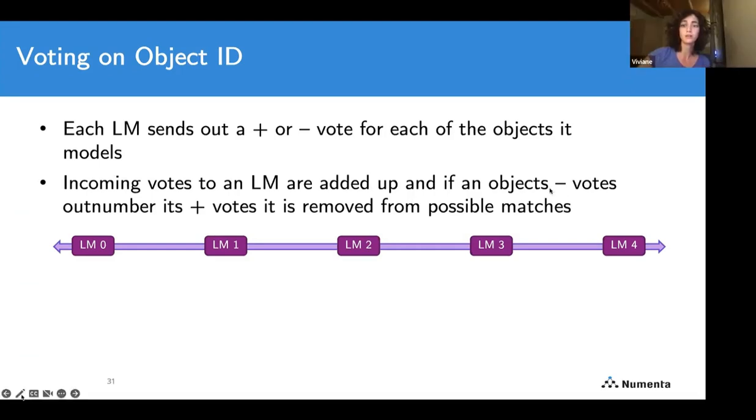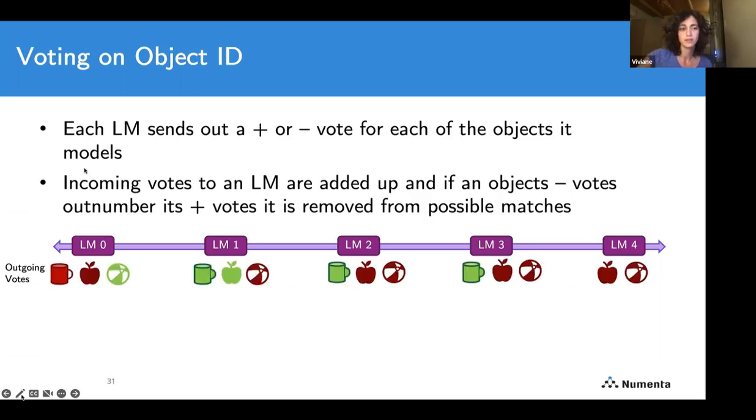But it's a majority vote, so one minus vote doesn't eliminate it; the minus votes have to outweigh the plus votes. Which could be a problem, because if one learning module is really sure it cannot be this object, it cannot eliminate it. Maybe there's a confusion here. Let me go through it real quick.